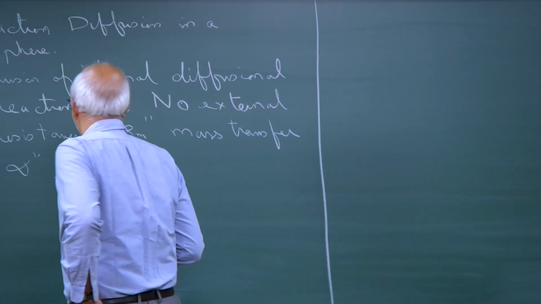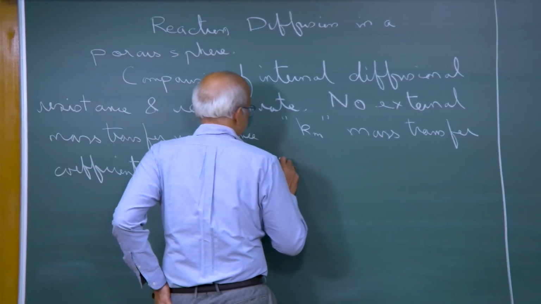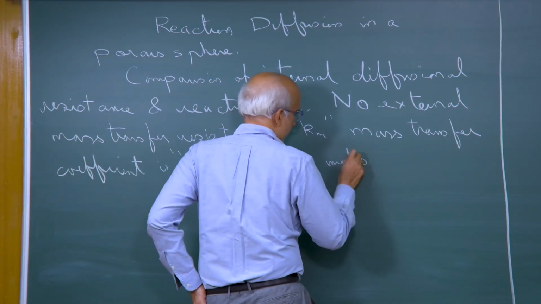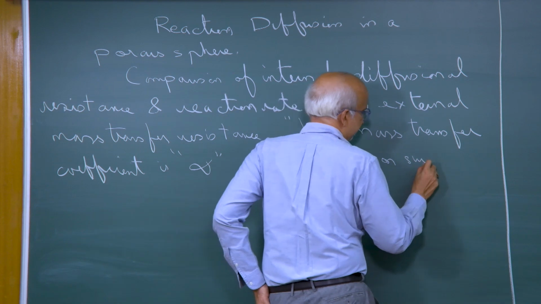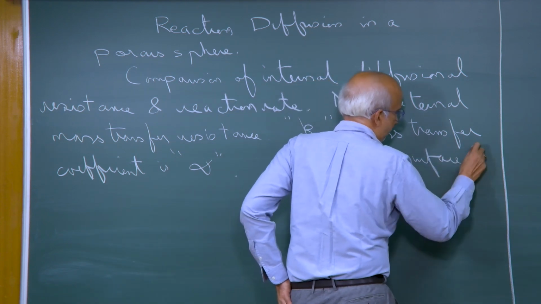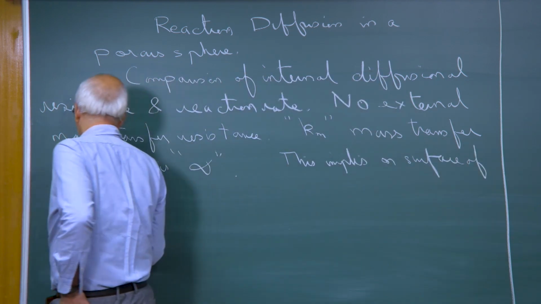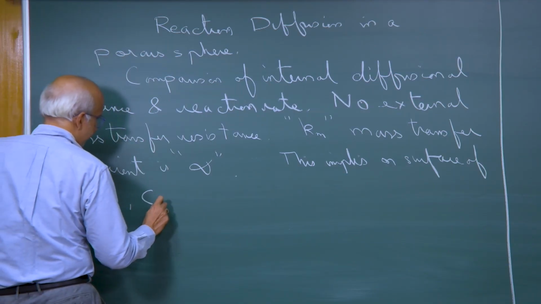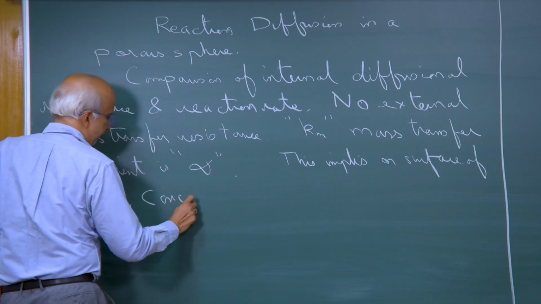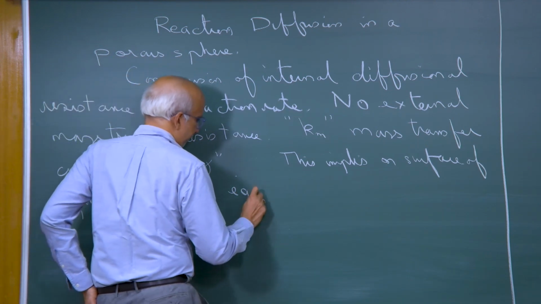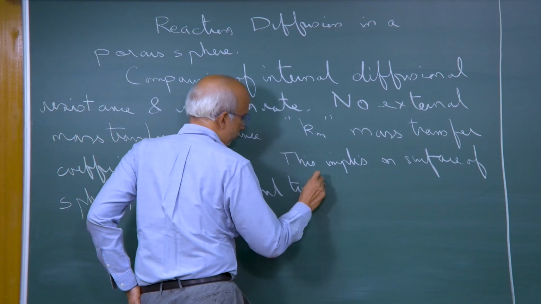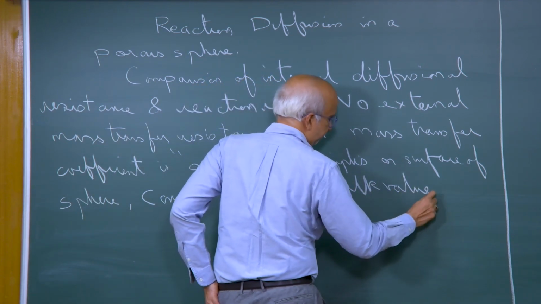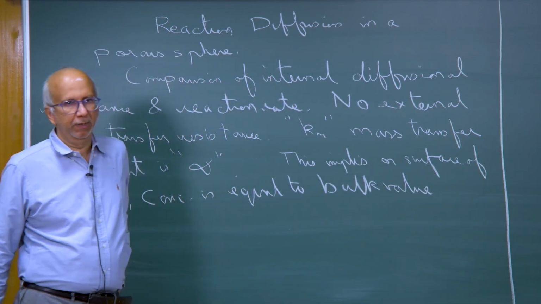So, this implies on the surface of the sphere the concentration is equal to the bulk value, okay.